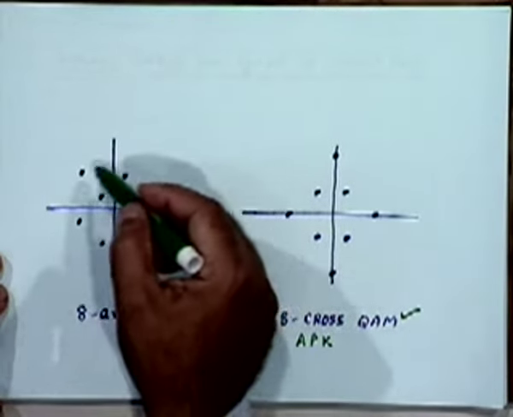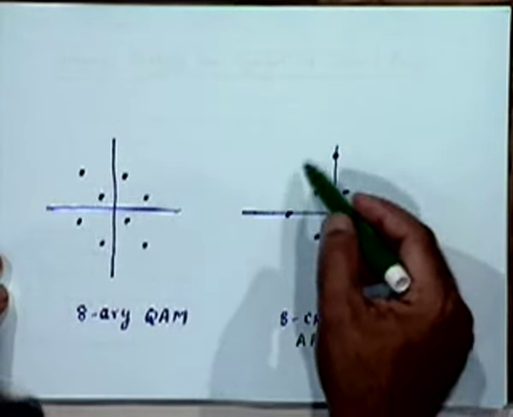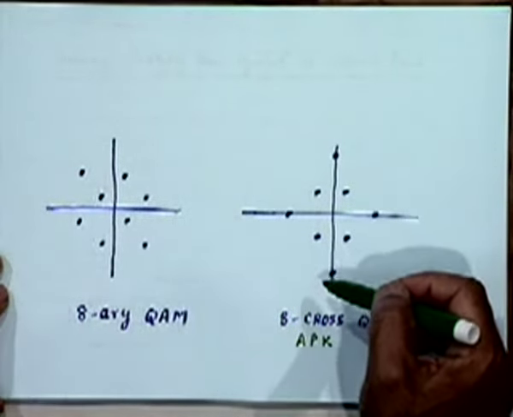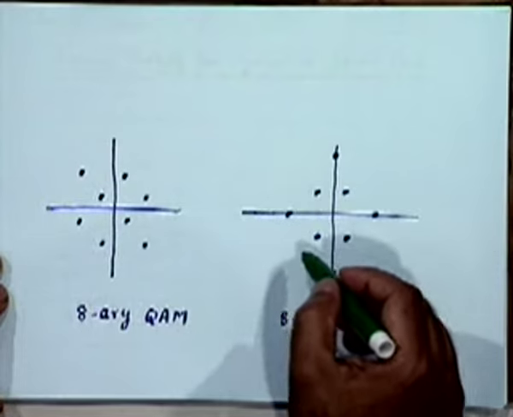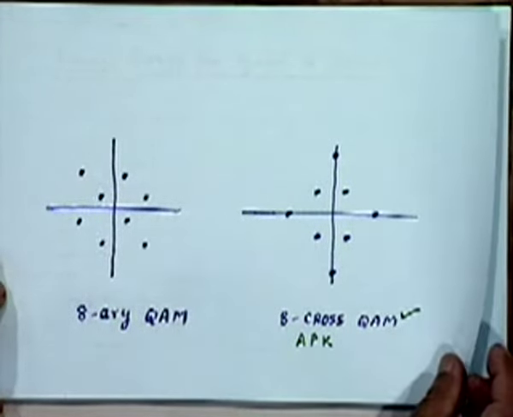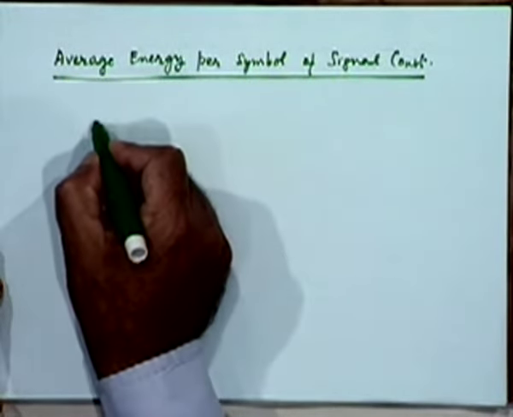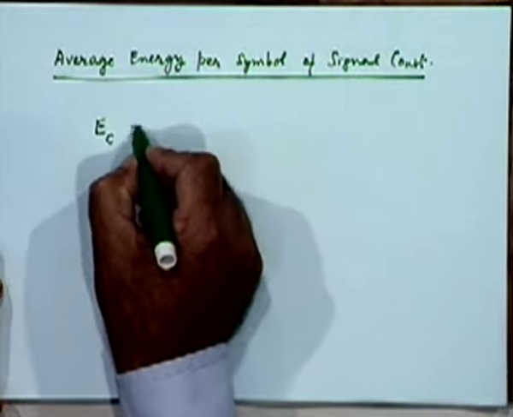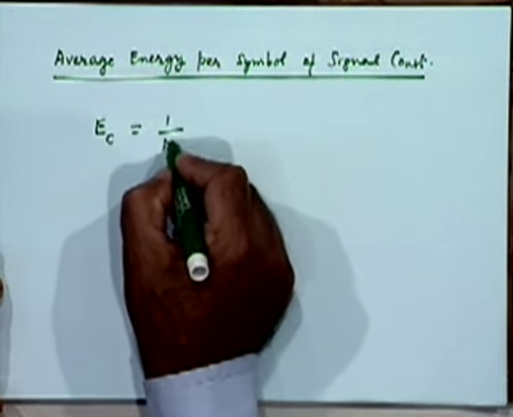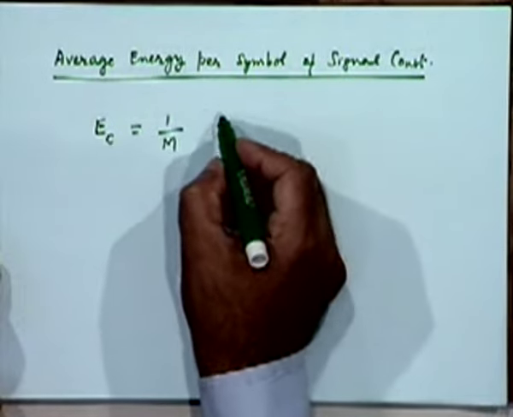What is the average energy per symbol associated with this constellation? Because different symbols have different energies. So the first thing I want to define is the concept of an average energy. We will define this to be E sub C, which is obviously the average of the sum of the energies of all the symbols.